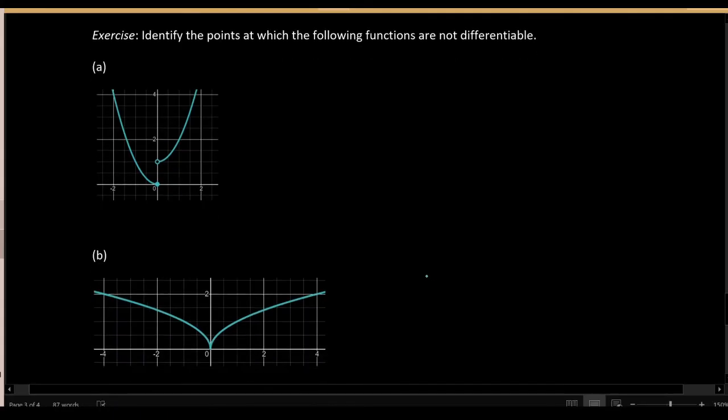So using these principles, we can take a quick look at the graph of a function and immediately identify points where the functions are not differentiable. For example, both of the two functions given here in parts A and B are not differentiable at x equals 0. The problem with the function in graph A is that there is a break at x equals 0.